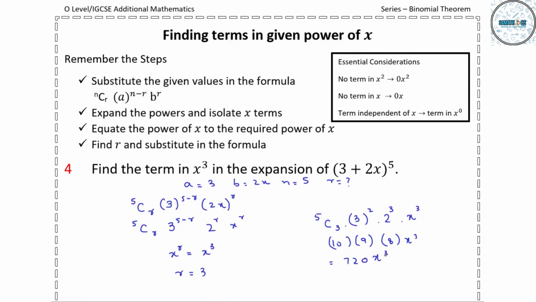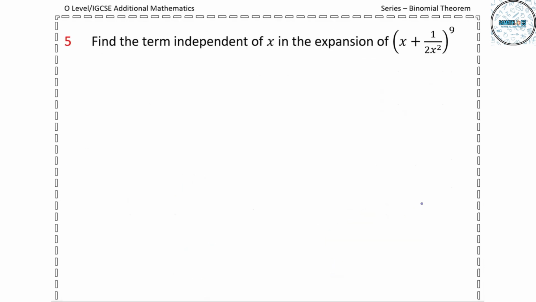x cube. Let's do another question in which we have to find the term independent of x in the expansion of x plus 1 upon 2x squared with power 9. The term independent of x means the power of x is 0.